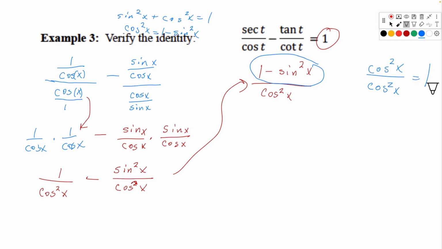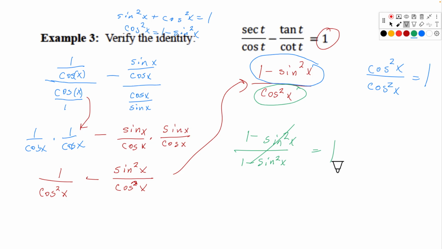Same thing in the top as the bottom. You also could have replaced the bottom if you wanted. Maybe you would say cosine squared is 1 minus sine squared, and in the numerator we had 1 minus sine squared, and those cancel out and give us 1. So we could use the identity either way.